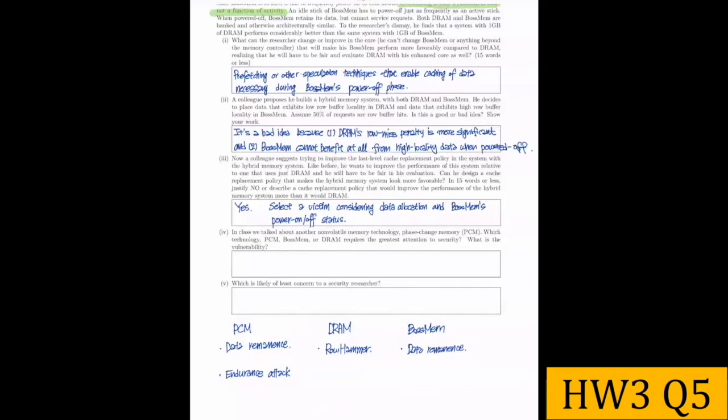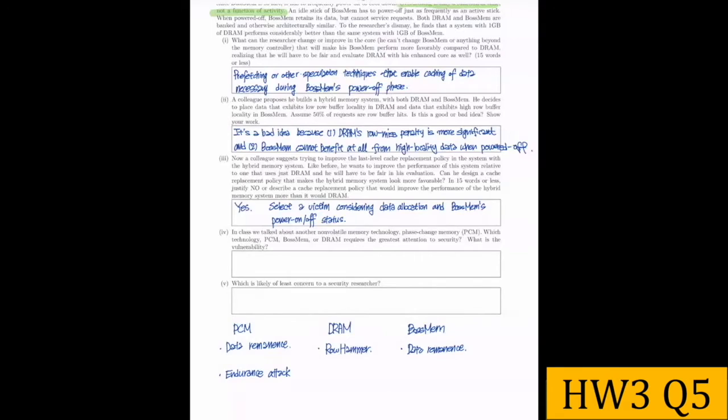So according to this analysis, I think we can say that PCM is more vulnerable compared to BossMem. It is the only thing we can say.